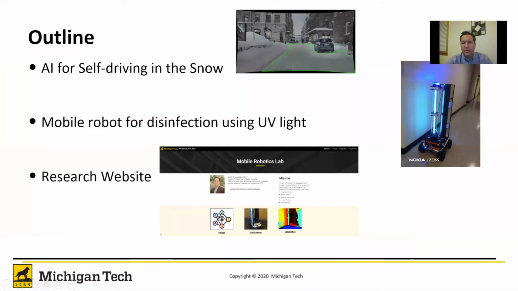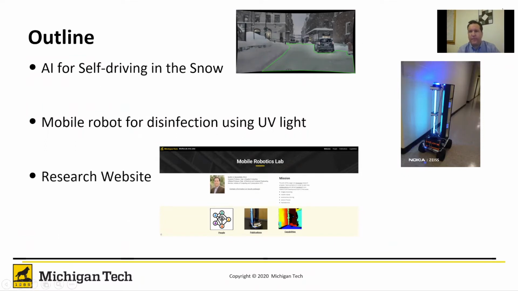Today, I want to talk about three things, slightly related. The focus is on computing, and why that is important in relation to mobile robots and autonomous cars.